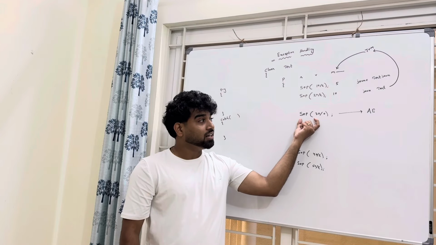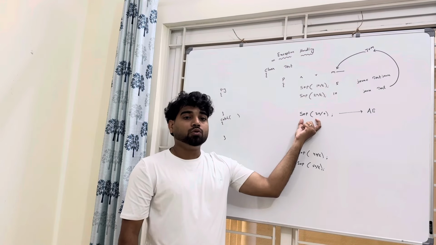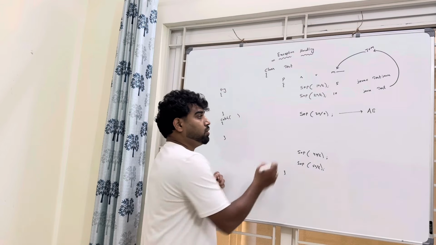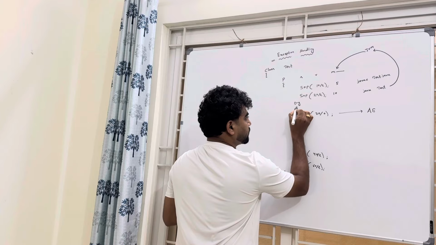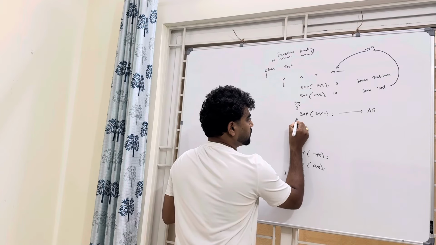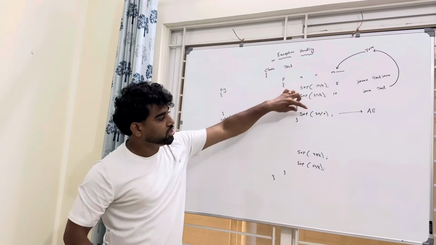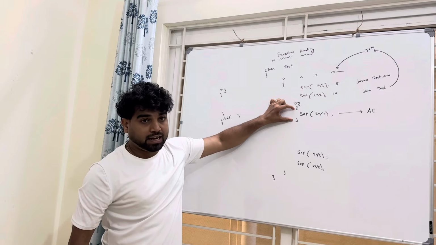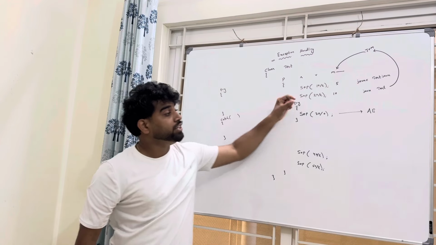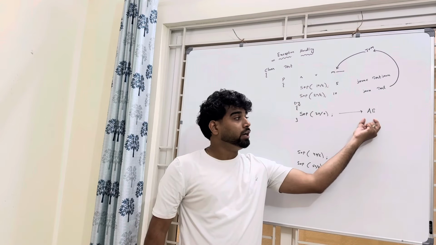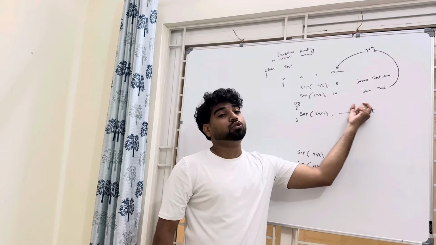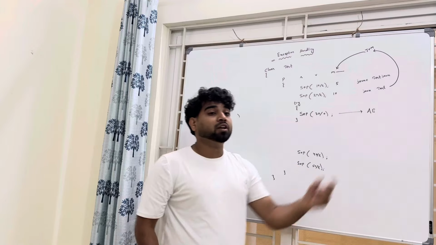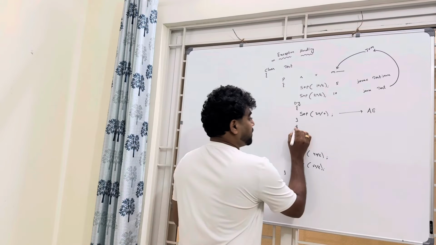So you need to surround this risky code inside the try block. Now which exception will occur? Arithmetic exception. So with respect to this exception type, you will write one catch block.